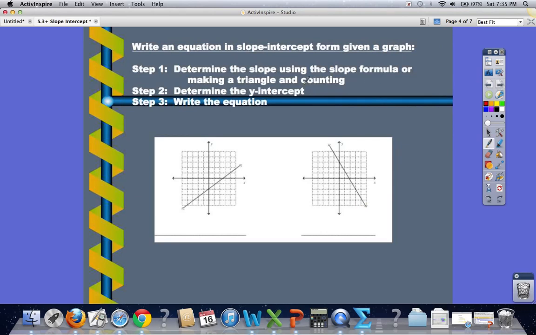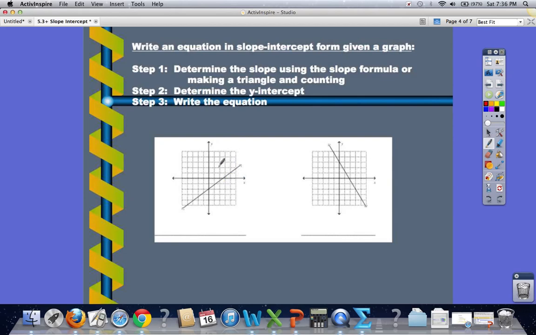All right, but now they're going to give you lines on a graph, and now you've got to decide what that equation is based on the line. So they don't give you any points. You're going to have to find a place where it crosses at a corner exactly. You don't want to just make one up. Determine the slope using the slope formula, or I recommend that you use the triangle method and count.